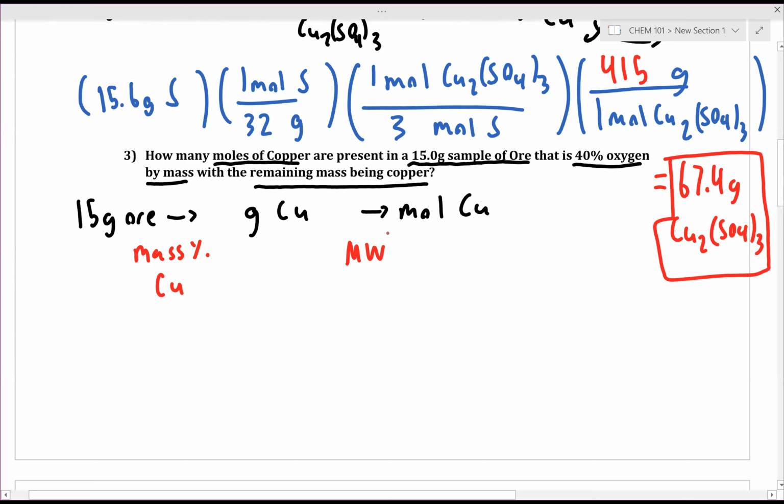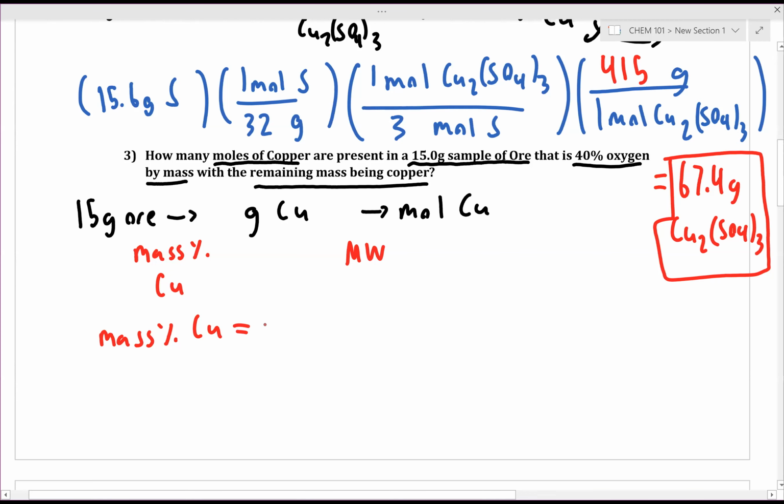So let's now execute on this scheme and let's figure out how we can get the mass percent of copper. So we know if the remaining mass of our sample is copper and we know the mass percentage of oxygen, what must the remaining percentage be? 60, and that remaining percentage must be what? Oxygen or copper? Copper, exactly.